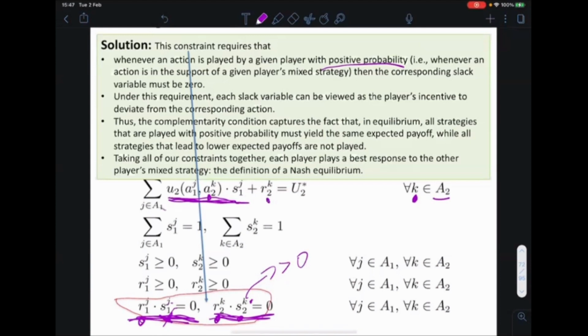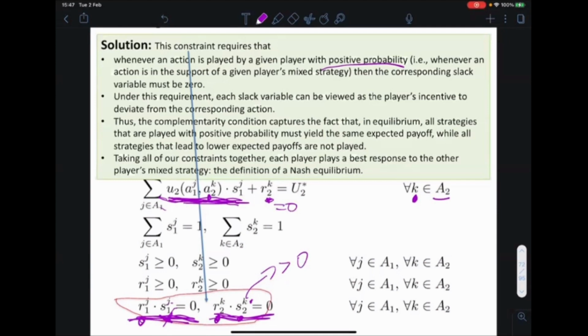This indicates the expected payoff for player 2 if they take action K, and because the slack variable has to be 0, that action is in the support of the Nash equilibrium. Therefore, they achieve the maximum value of that utility, of the payoff.